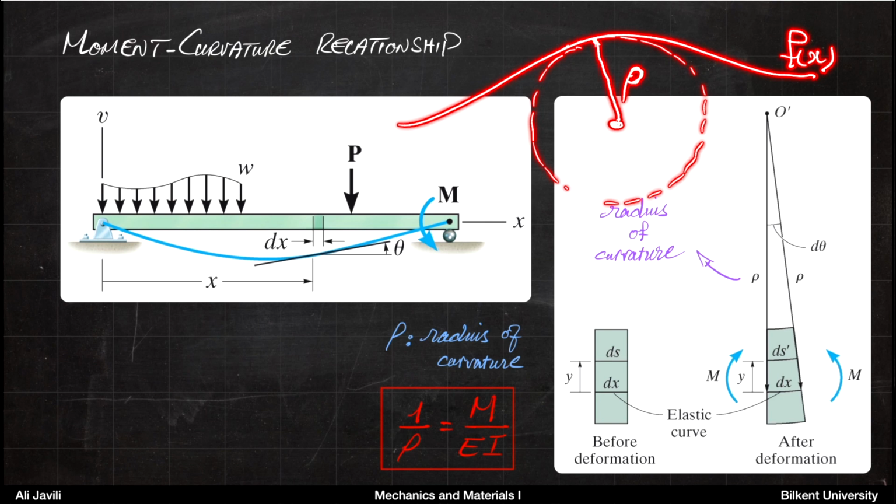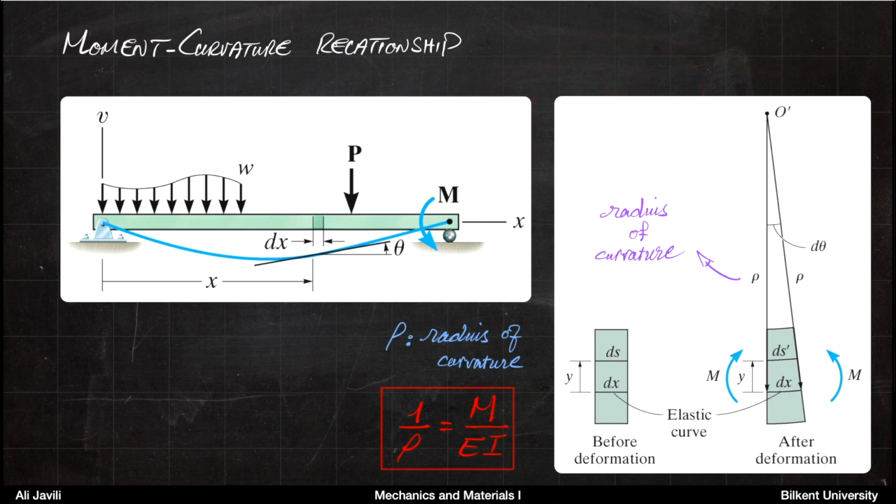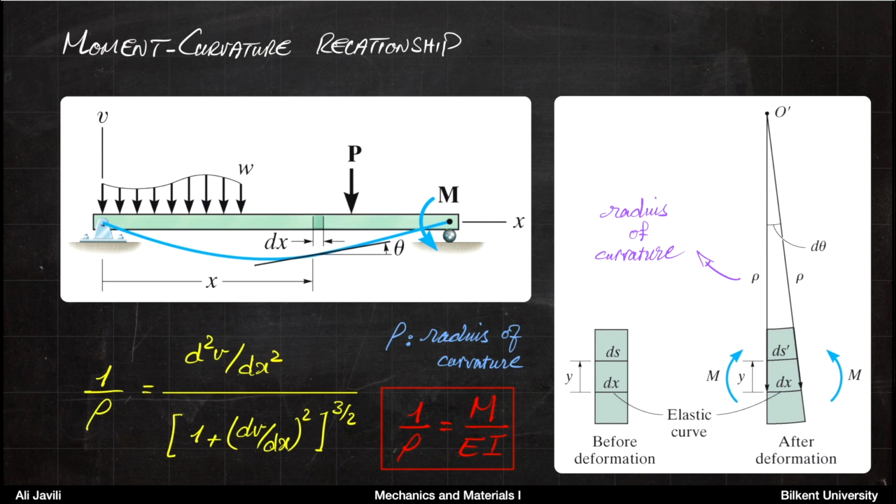Now you can imagine this is a very mathematical problem. It has nothing to do with mechanics of materials. So there must be a connection between the radius of curvature and the function itself. So we want that relation, how the radius of curvature is calculated for a given function, and this is exactly how it is done.